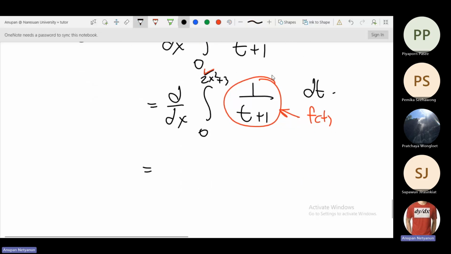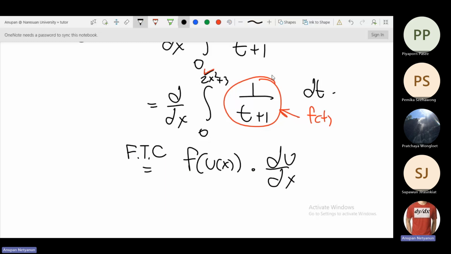And by the fundamental theorem of calculus, when you have this, well, you have f, plug this into t. This is your u of x, right? And multiply by du by dx.